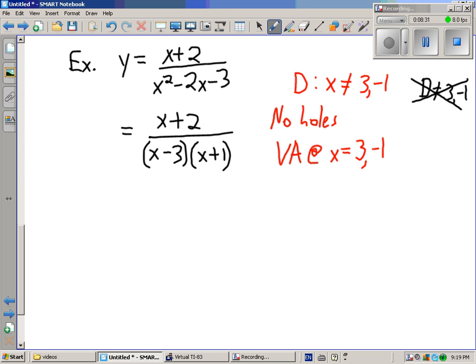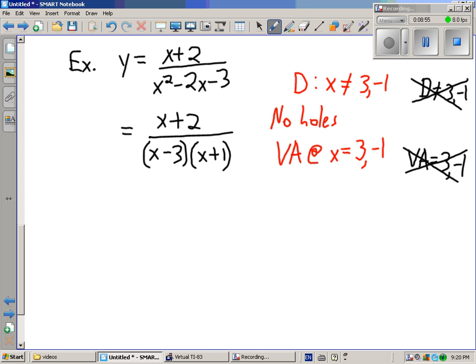The same thing goes for the vertical asymptote. A lot of people tend to sometimes write vertical asymptote equals 3, negative 1. The vertical asymptote is a feature of the graph. It is an imaginary line. It is not a number. Okay? The numbers are the address of the vertical asymptote, so please do not fall into this trap.